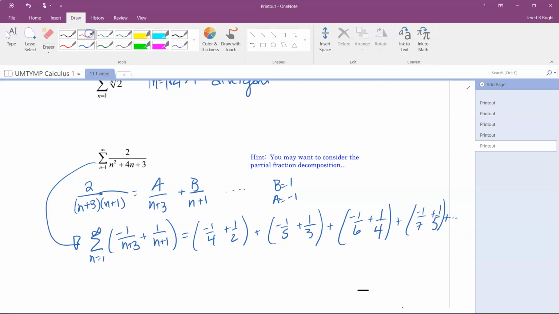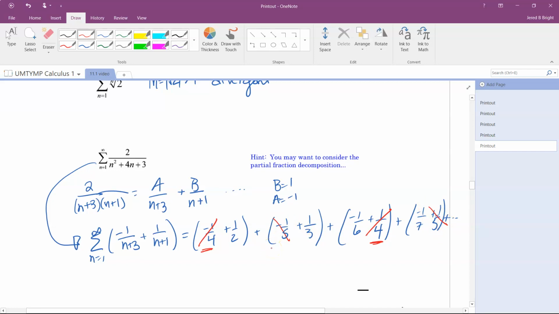Well, now here's the beauty of this whole thing. You can see that I had a positive 1/4 and a negative 1/4 somewhere in the sequence, so this ended up canceling with this, and then later the negative 1/5 ended up canceling with the 1/5.